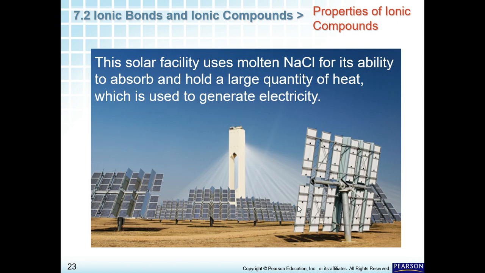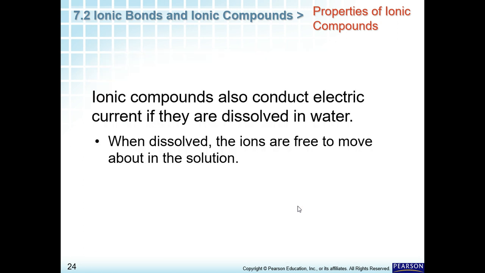Here's a good example of a solar facility that's actually using molten or basically melted salt to absorb heat and use it for electricity. So again, ionic compounds can also conduct electric current if they are dissolved in water, and they do this because those ions are free to move about in the solution.